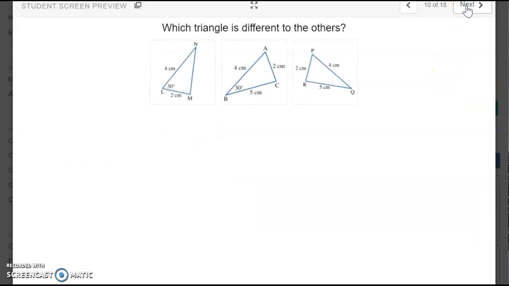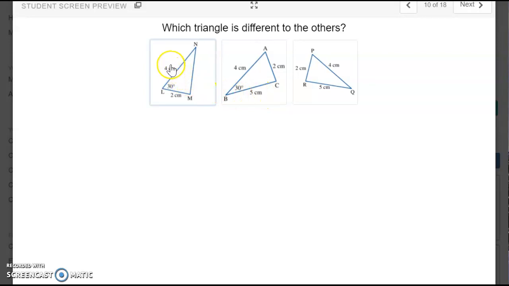Okay. Now, which triangle is different from the others? Looking at this, which one is different? Well, I have 4 measures here. I only have 3 and I have 3. So how can I tell? Well, I need to have at least 3 things that are common. 4, 2, 5. The sides are common here.